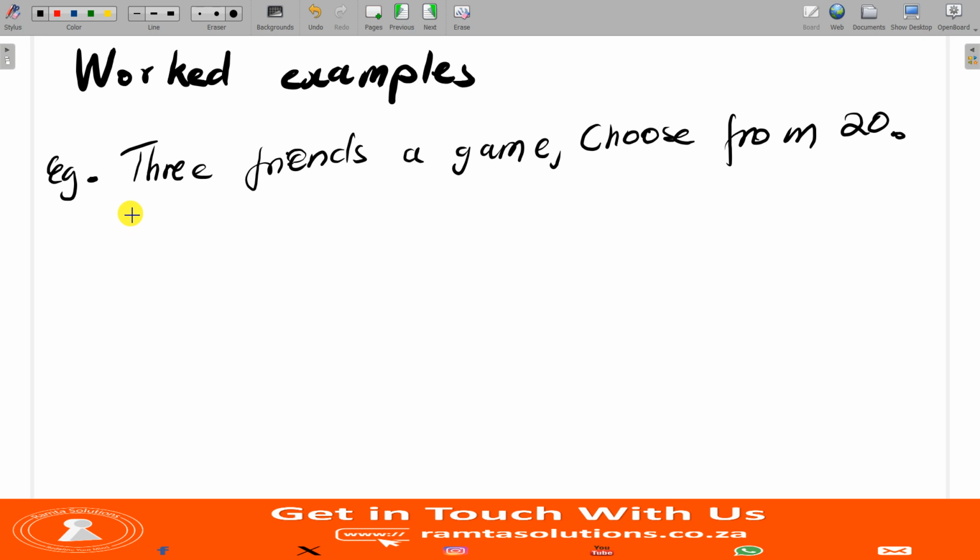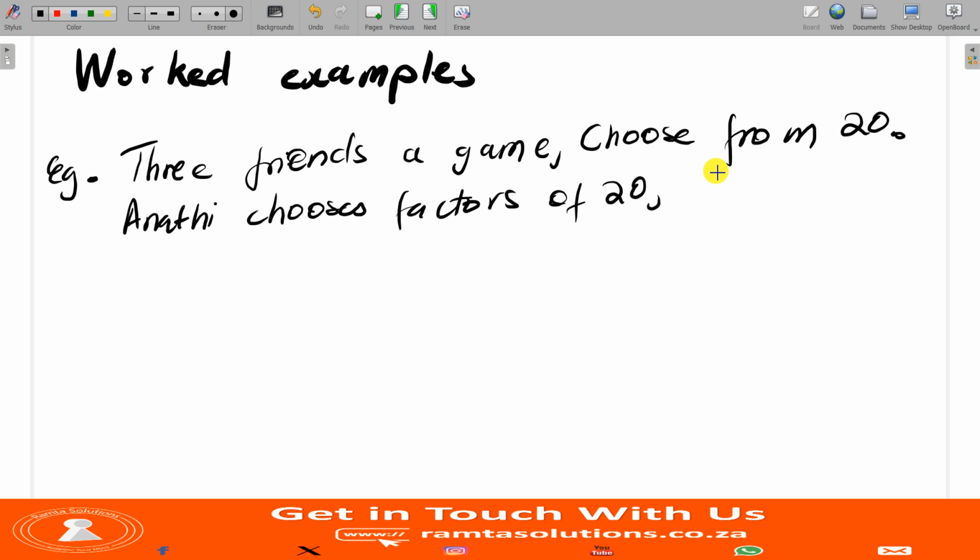So these friends, they are Anati, Tiamo and Kensani. Anati chooses factors of 20. Tiamo chooses multiples of 5.